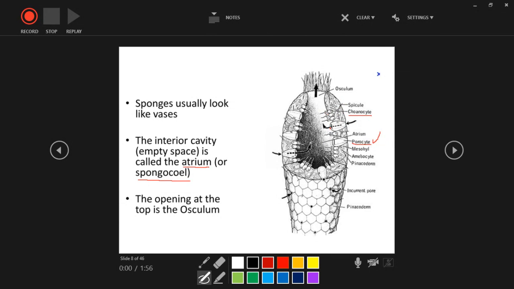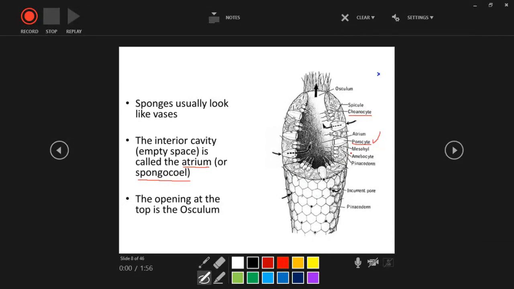We'll see what it looks like in more detail. These special cells are lined on the inside of the sponge, and they use a flagellum to bring the food into this collar of cilia, and they will digest the food. Once the food is broken down, it will be taken throughout the mesohyl.